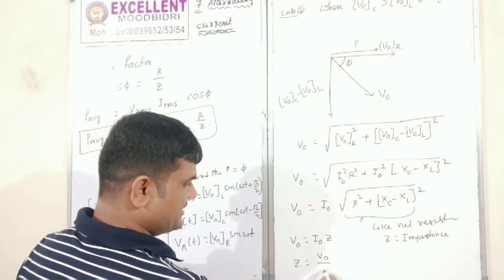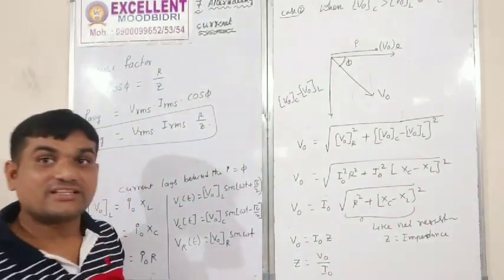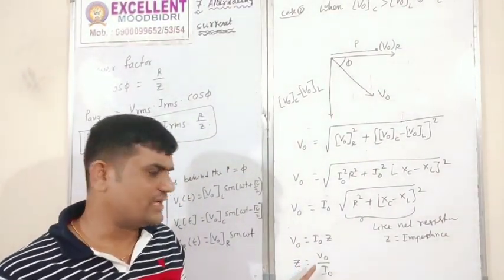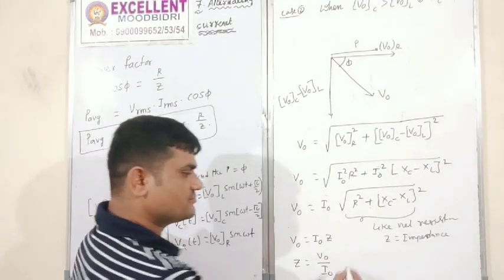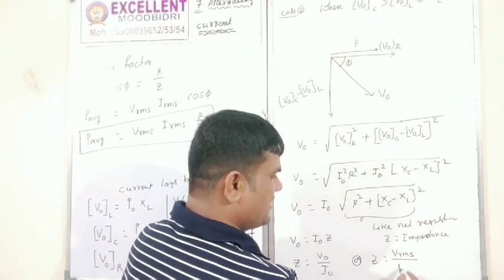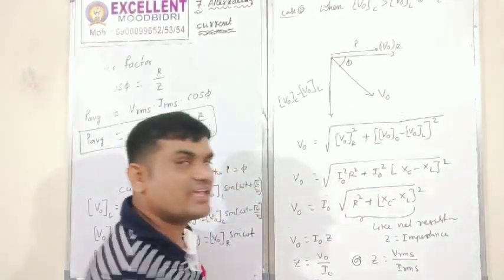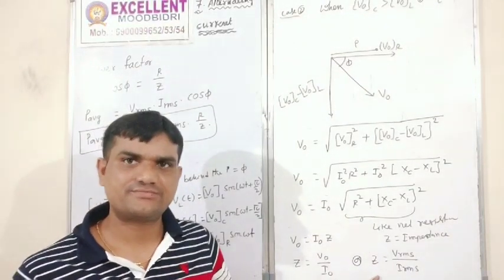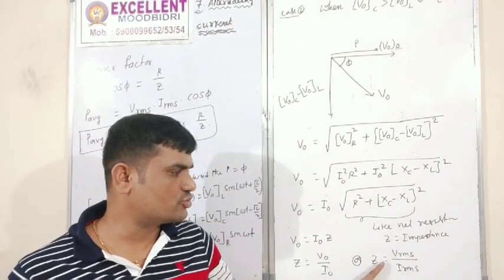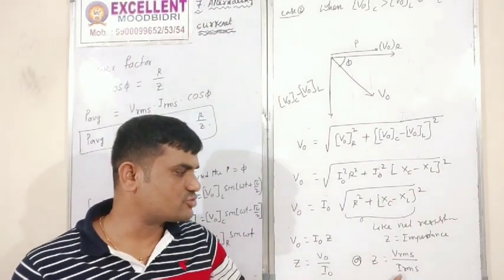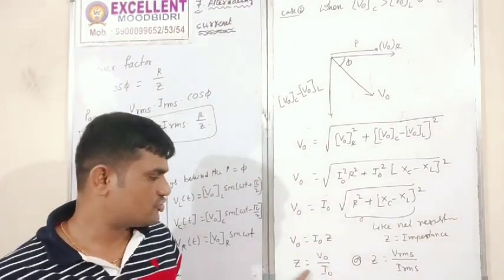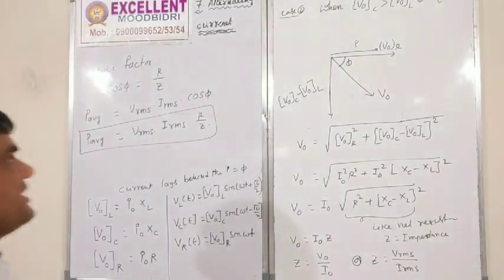The definition will also give like that only. What is the definition of impedance Z? The ratio of peak voltage to the peak current, or Z is equal to Vrms to the Irms. The ratio of V by I, or else V naught to I naught is nothing but the Z value, that means impedance. Okay.